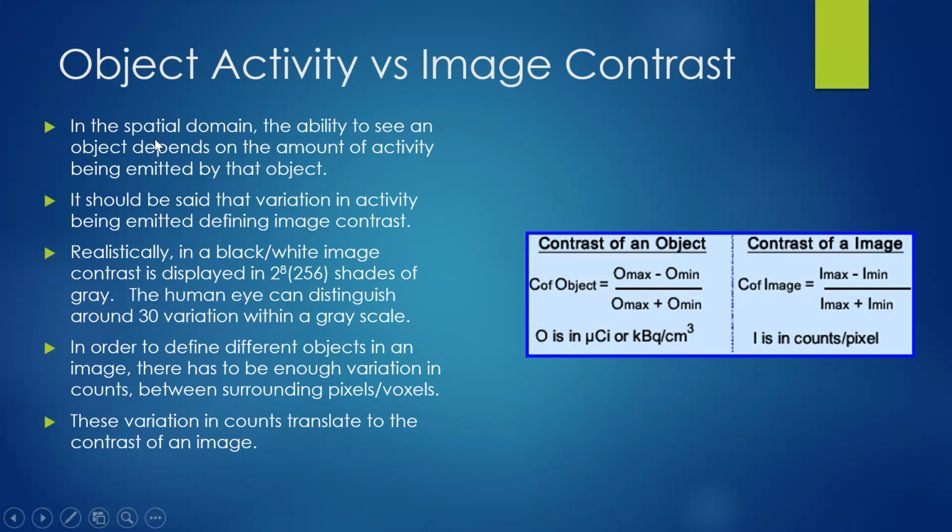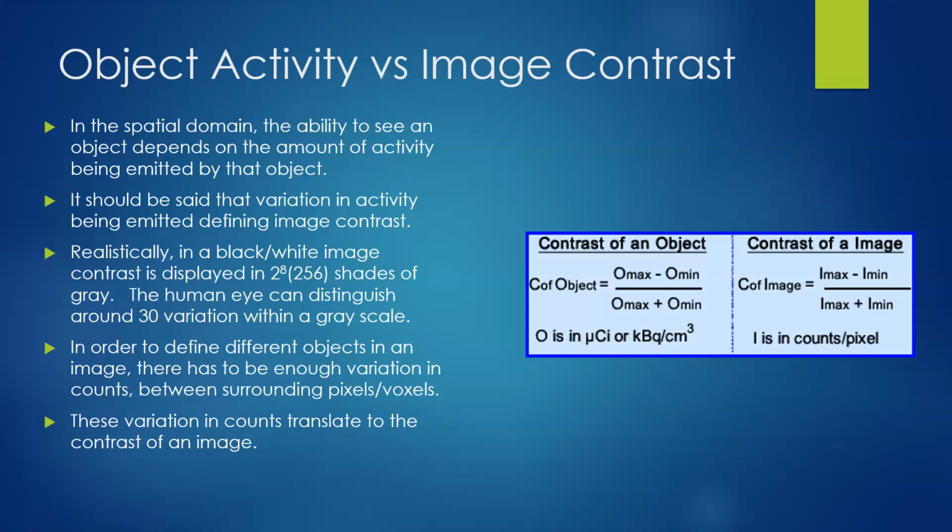All that being said, the spatial domain has the ability to see the object depending on the amount of activity being emitted by that object. Variation of activity within an object or objects defines the different types of contrast within that image. Realistically, I like to evaluate a grayscale. A 256 gray, or 2 to the 8th, has 256 shades of gray.